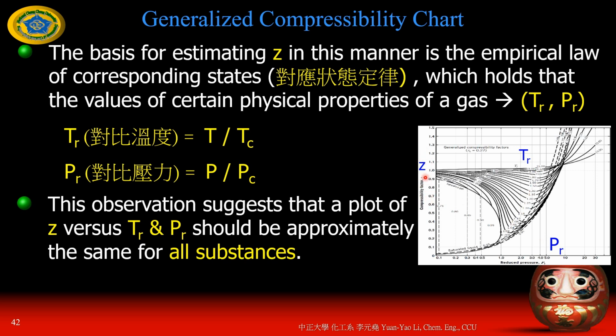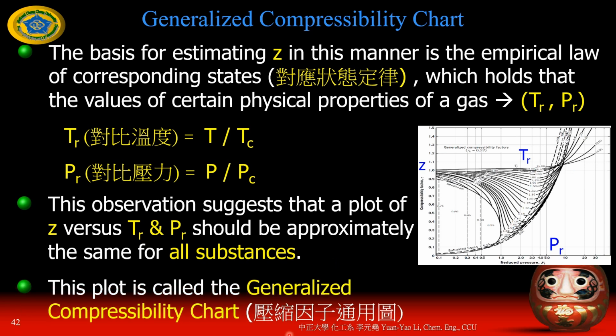Z is the compressibility factor. We are going to have some examples, so please work with me. This chart represents all substances, which can be carbon dioxide, nitrogen, helium, argon, for example. So this plot is called the generalized compressibility chart.